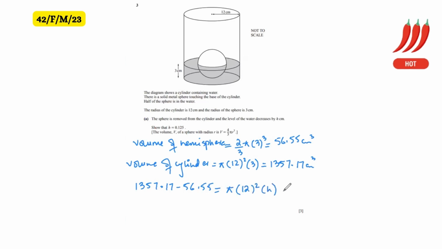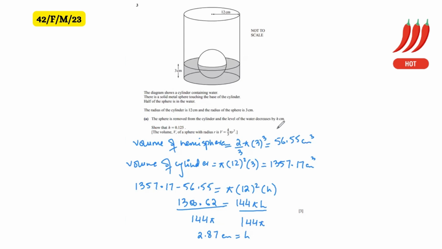So 1357.17 minus 56.55, 1300.62 equals 144 pi h. Divide both sides by 144 pi, and that gives us the height as 2.87 centimeters.